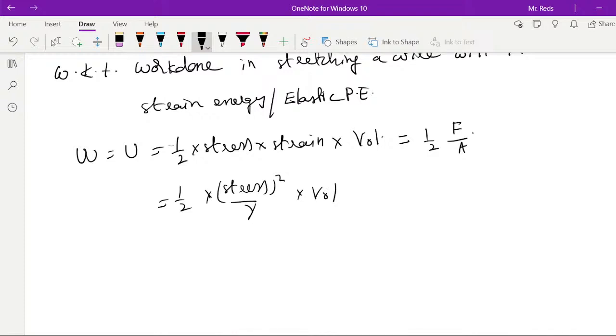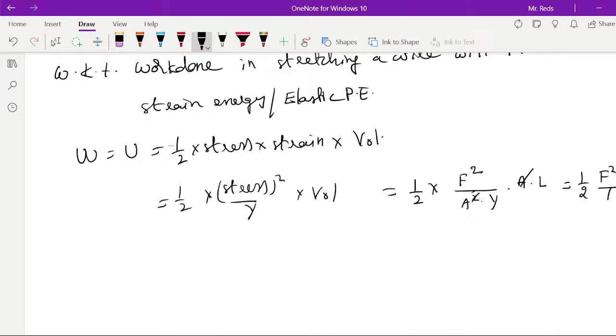Now stress is force by area, so F by A whole square means F square by A square into Y into volume. Volume is area into length, so one A will cancel, and hence you get half F square L by A Y.